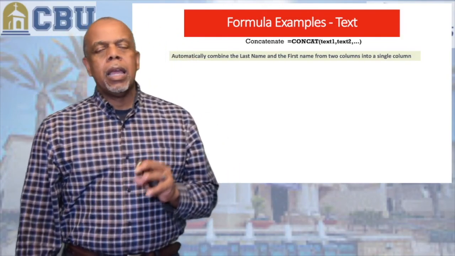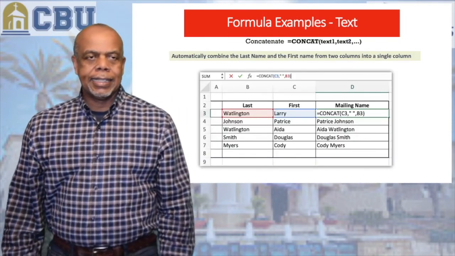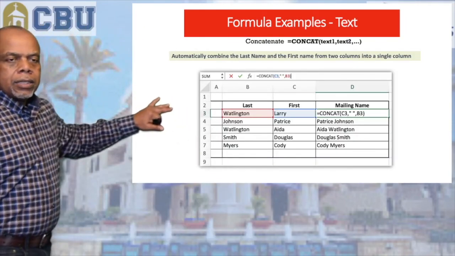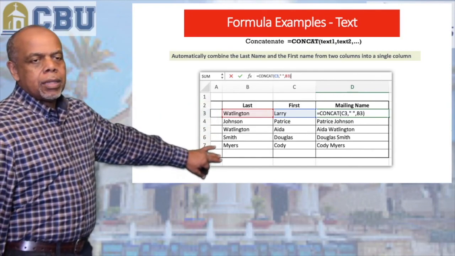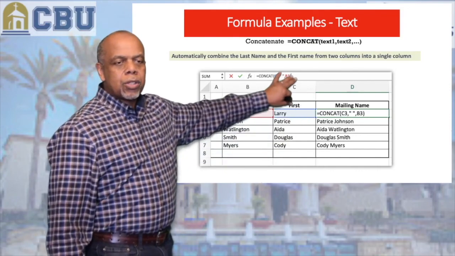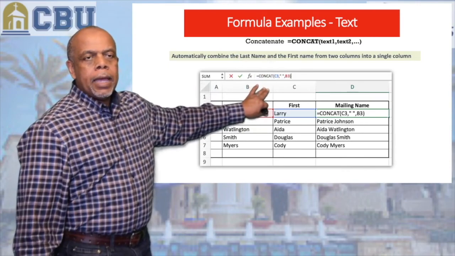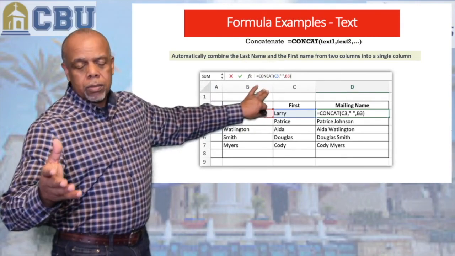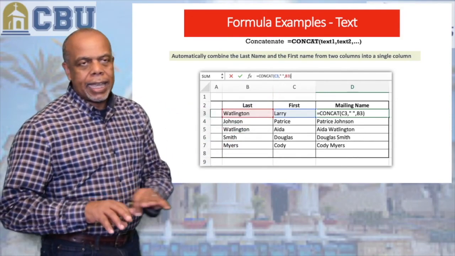Great little command. Now, concatenate will allow you to do this. As you see, I've got a column that has last names, and I have a column that has first names. Then I use this little concatenate. And what this formula does, if you can see right here, it says equal, which takes us into formula mode. Concat, I just kind of shortcut it to concat.